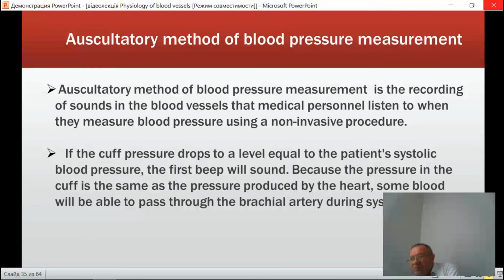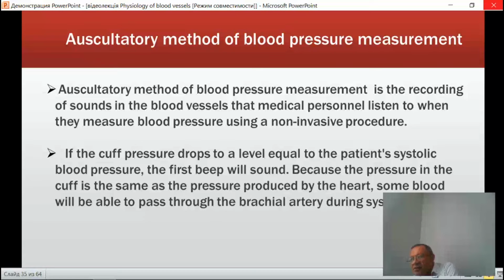The next method is the auscultatory method of blood pressure measurement. The auscultatory method is a recording of sound in the blood vessels that medical personnel listen to when they measure blood pressure using a non-invasive procedure.